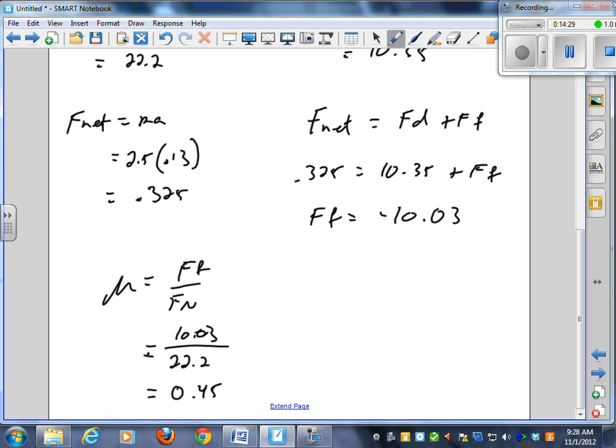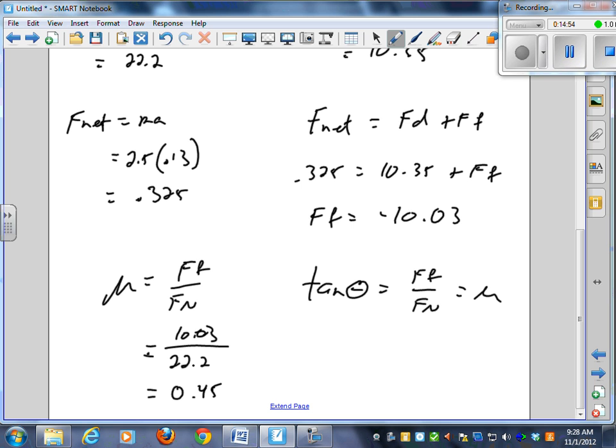Okay, now Nicole wants to know if we could use tan theta is equal to FF over Fn. Actually, isn't tan theta equal to mu? FD over Fn? No. Not for FF, but yeah, it's the same answer that you got for FD. Is it?